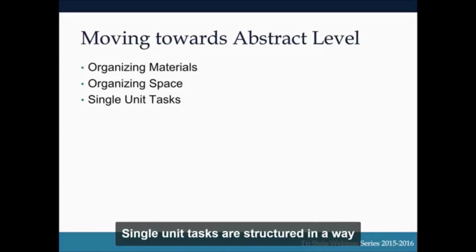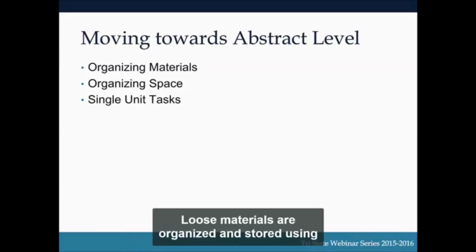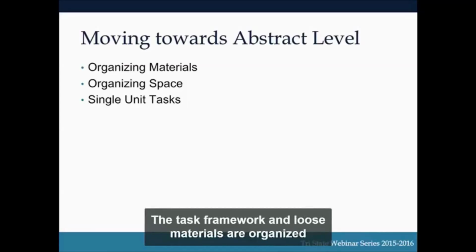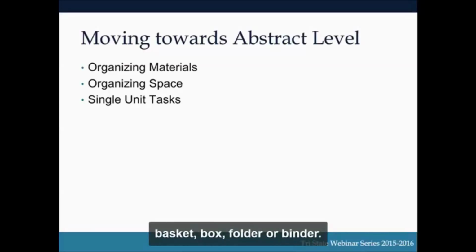Single unit tasks are structured in a way to organize task materials. An activity is made into a single unit prior to presenting to the individual. Loose materials are organized and stored using Velcro, library pockets or envelopes, Ziploc bags, sectioned boxes, pencil boxes, pouches, etc. The task framework and loose materials are organized and stored together in a container, such as a bin, basket, box, folder, or binder.